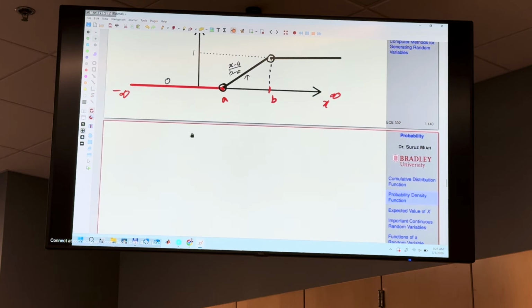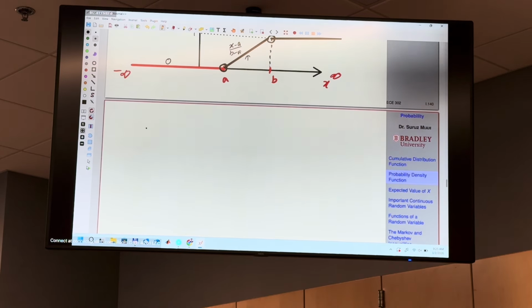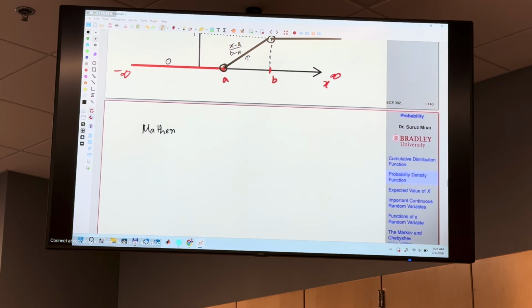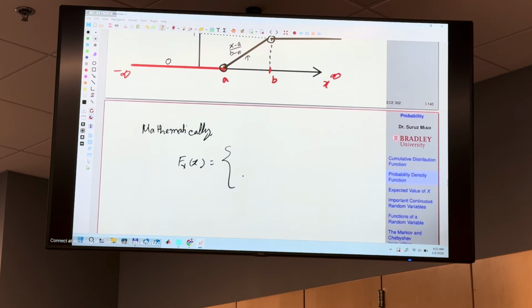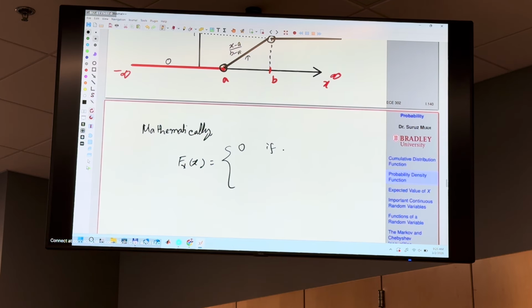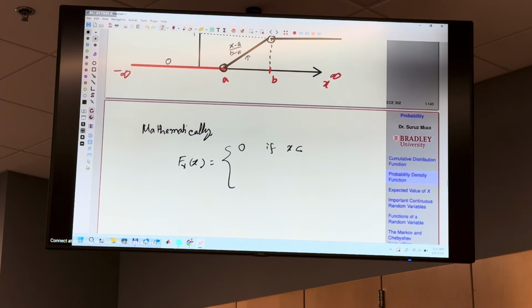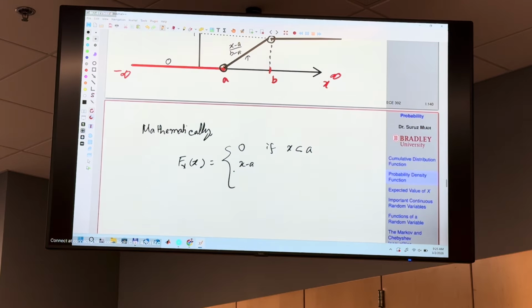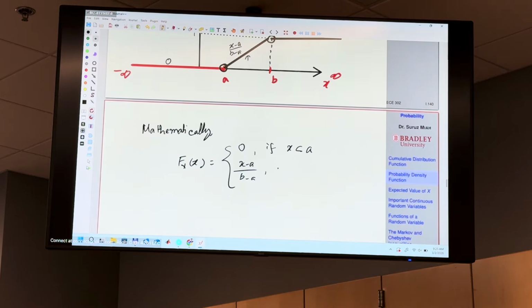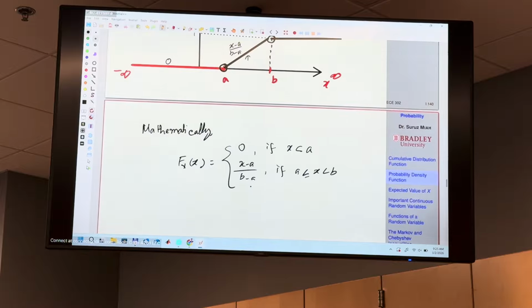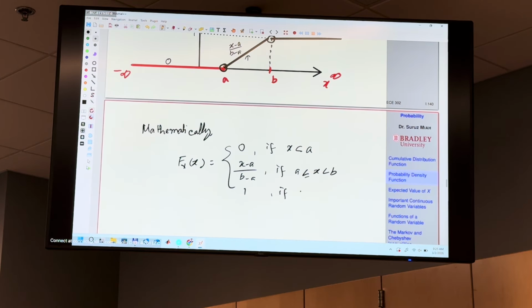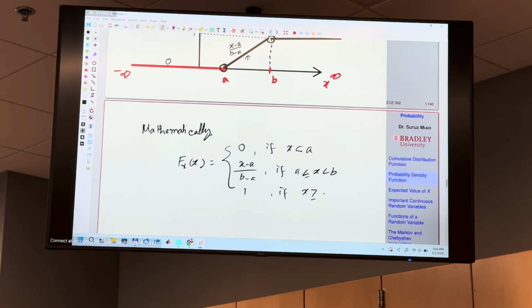Mathematically, the CDF F of x is 0 if x is strictly less than a, it is x minus a over b minus a if a is less than or equal to x less than b, and it is 1 if x is greater than or equal to b.